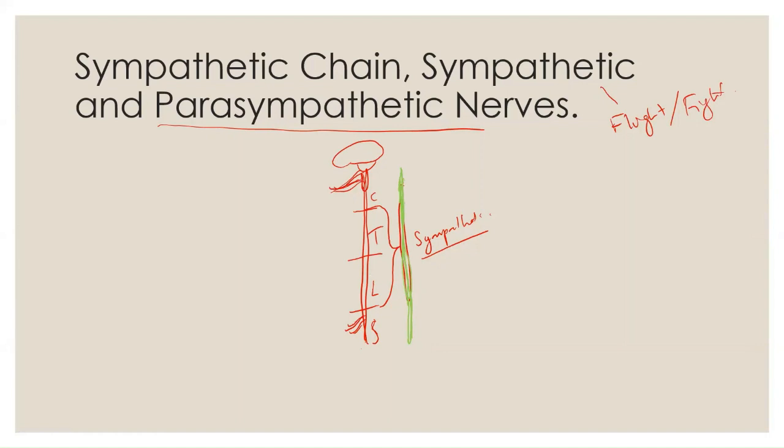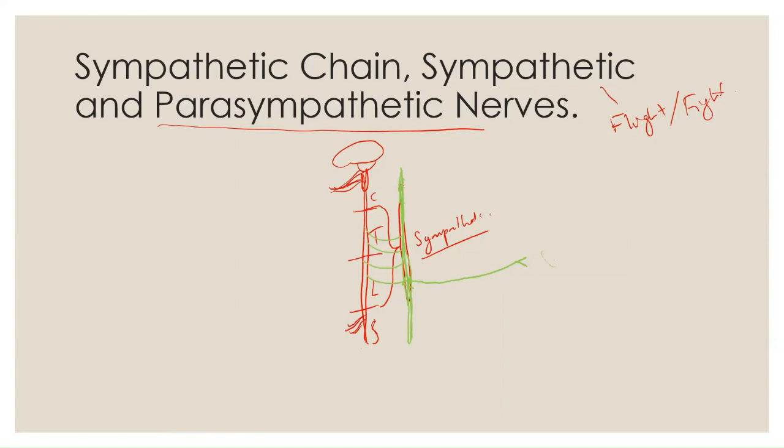And so usually you have the sympathetic nerves entering this sympathetic chain, and here you have the second neuron starting. So here you have the cell bodies again, and from these cell bodies you have the second neuron starting, which supplies the relevant organs.